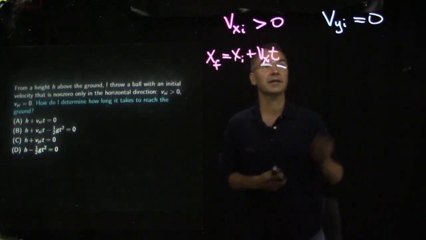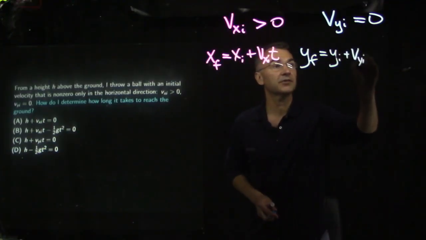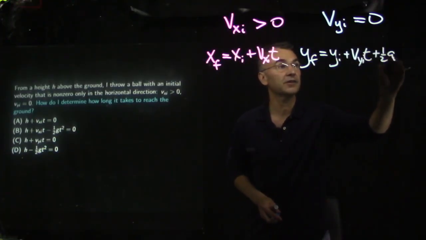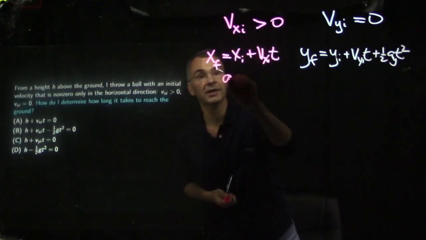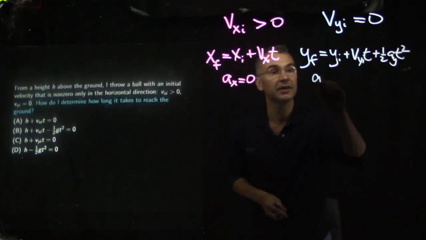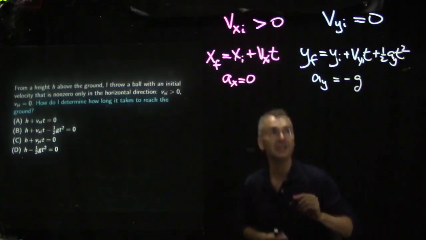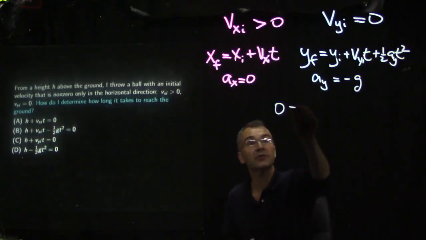Meanwhile, we have y final is y initial plus Vy initial t plus 1/2 a sub y t squared, and constant acceleration means we have a sub x is 0 because there are no forces in the horizontal direction in the absence of air resistance, and we have a sub y is minus g. Let's say y final is 0 because the ground is at y equals 0, which is the height of the ground.